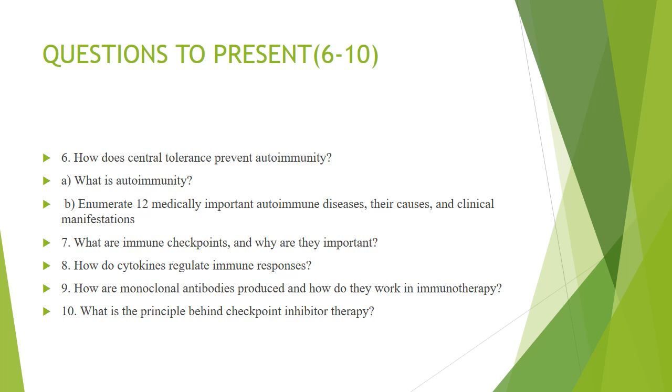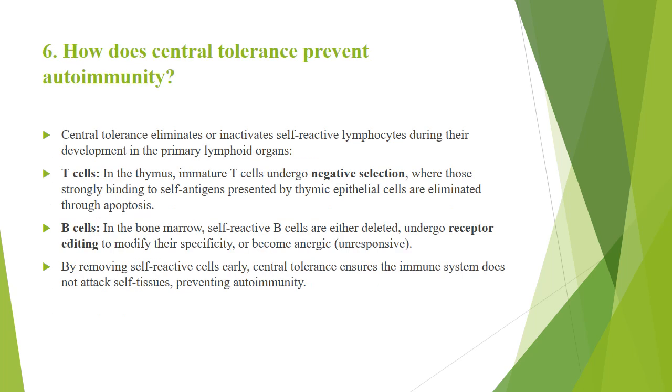The third is how cytokines regulate the immune response. The fourth is about monoclonal antibody production and how they work in immunotherapy. And the last one is the principle behind checkpoint inhibitors. Let me start with the first question, central tolerance, and how it can prevent autoimmune disease.